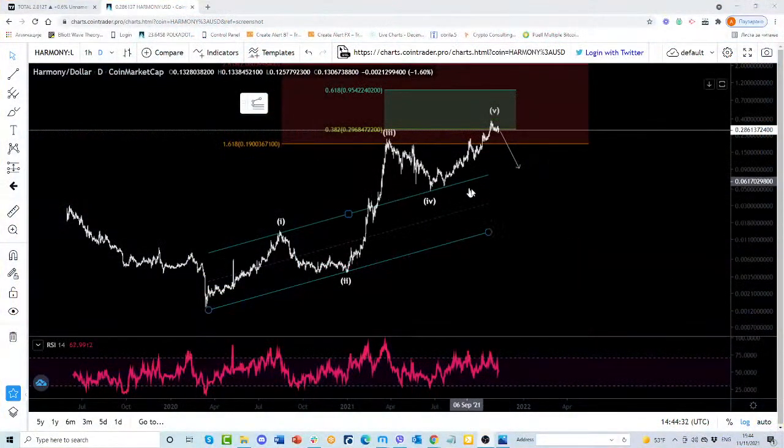I can just see that we have reached the target and we have reversed from it. So we need a little bit more downside price action to confirm that. So I will just say, be careful on this one, okay? Let me just remove this one here.